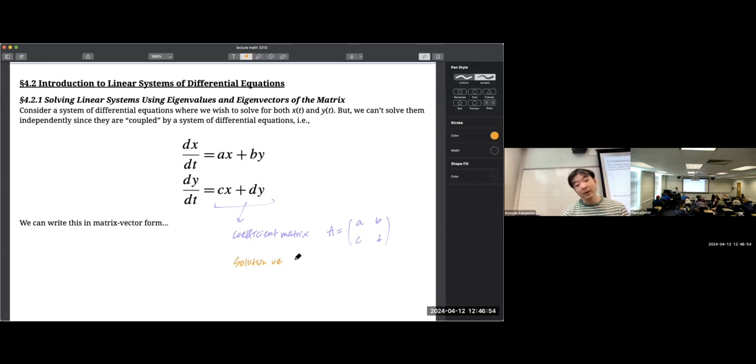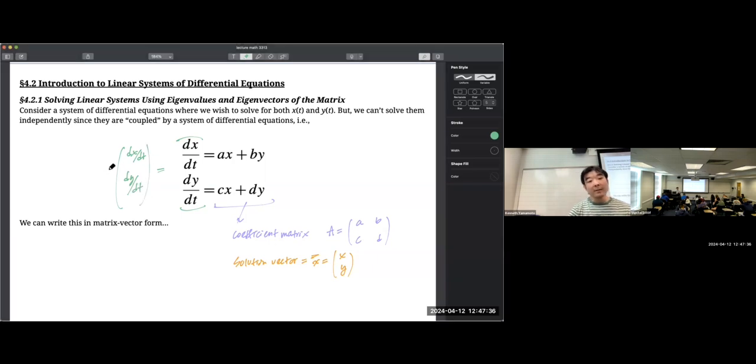The solution vector, as we said before, is some kind of vector that I'm going to call vector x, and it's going to have two components, x and y. The left-hand side is this right here. You could think of this as a vector of derivatives, dx over dt, dy over dt.